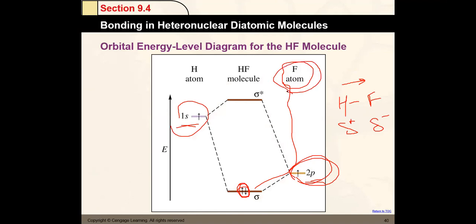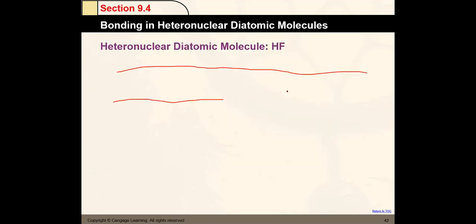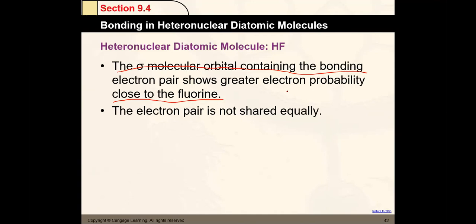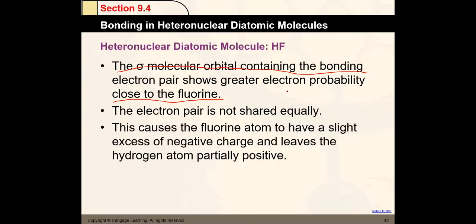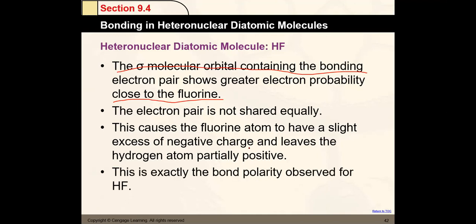That means that those two electrons are going to be more towards the fluorine side. So the electron pair is not shared equally, as we know in a polar bond. And this causes the fluorine atom to have a slight excess of negative charge and leave the hydrogen atom partially positive, which is exactly what I was saying with the delta plus and the delta minus. This is exactly the bond polarity observed for HF.